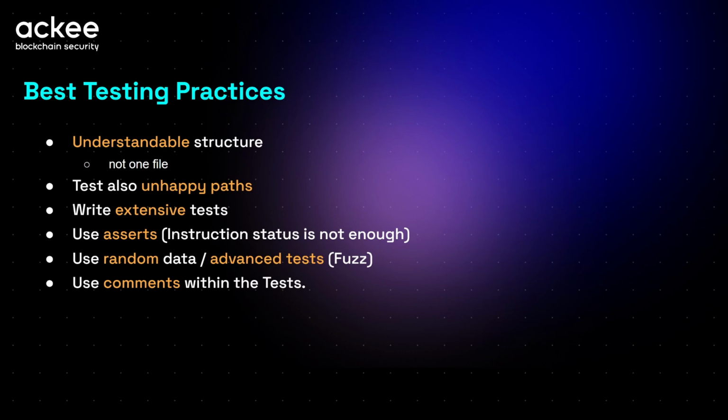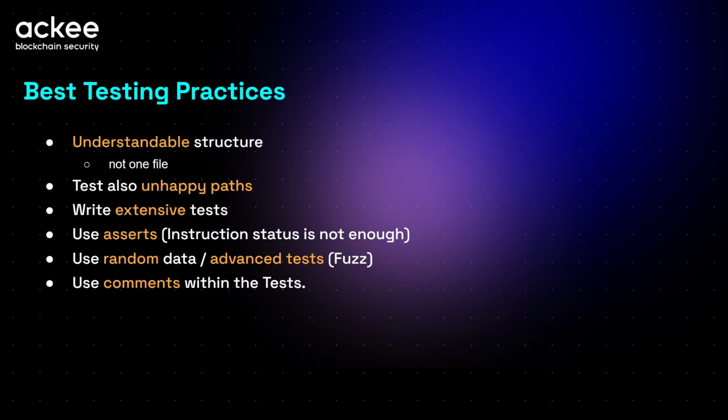The last point, which is also pretty important and is like a low-hanging fruit, is to use comments within the tests. First, this can definitely increase the readability of your tests. It does not need to be 20 lines of comments to comment every line of a test.